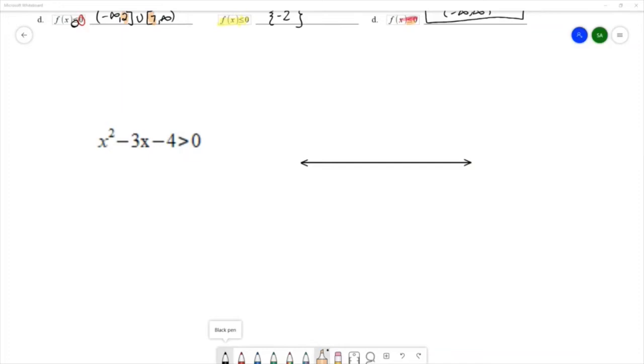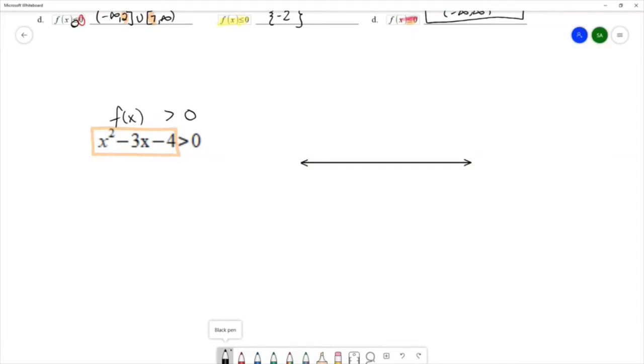So what we're going to do, we're treating this right here as my f of x. And we want to figure out when it's greater than 0.